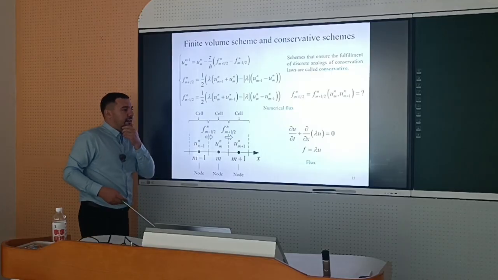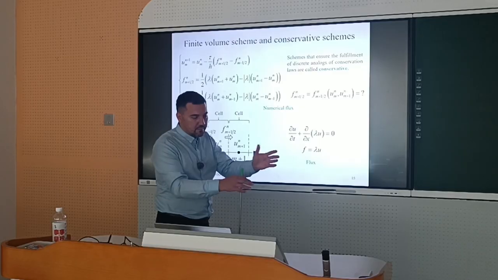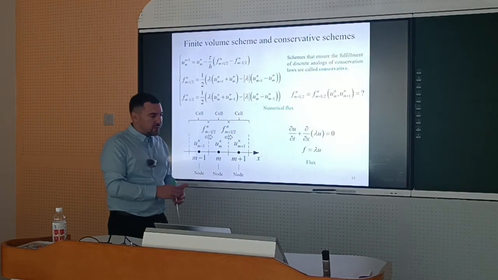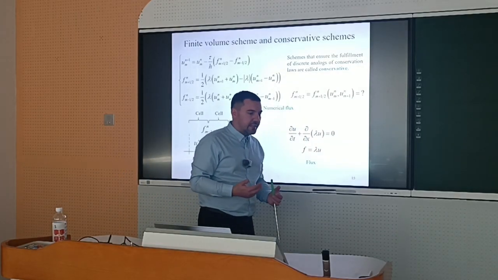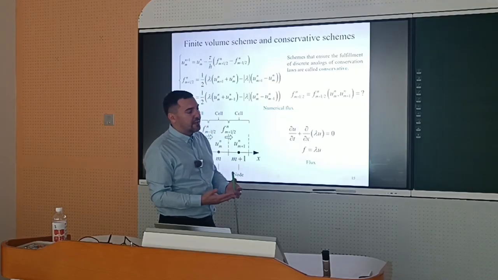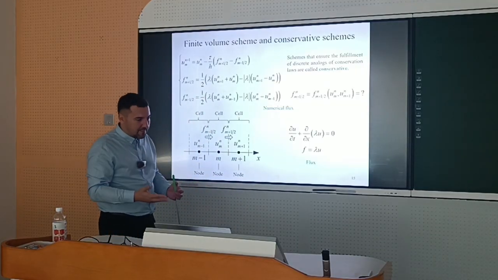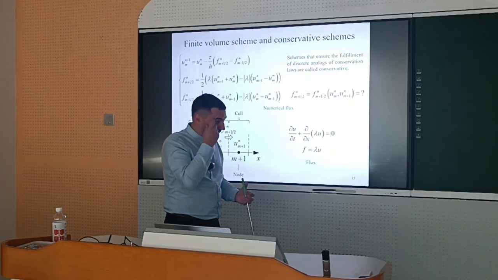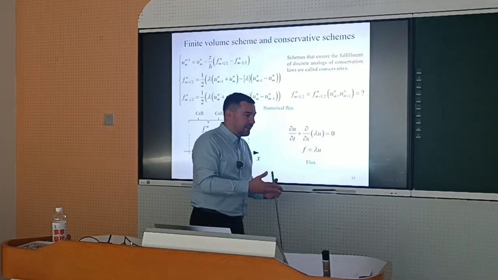or the property of conservation. If you solve some physical problem, for example, if you want to compute the flow in some pipe or in some domain, and you want to get physically relevant results, you solve the equations of mass conservation, momentum conservation, and energy conservation, and it's necessary for these quantities to be conserved.